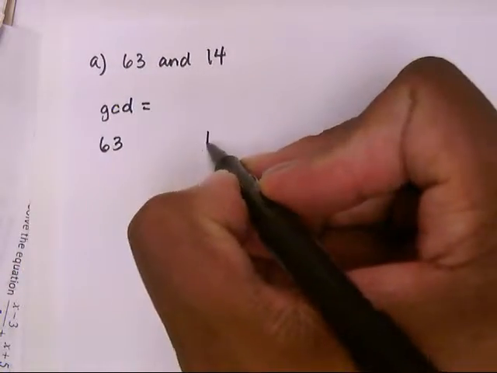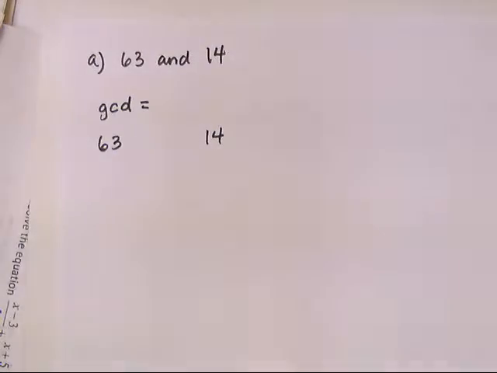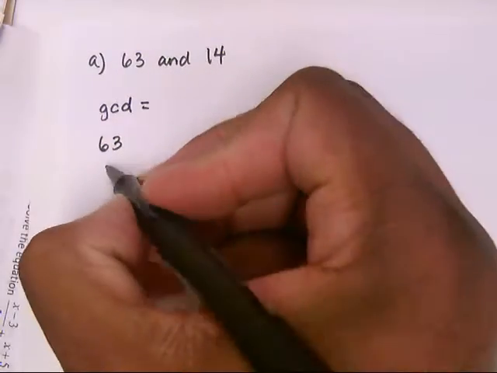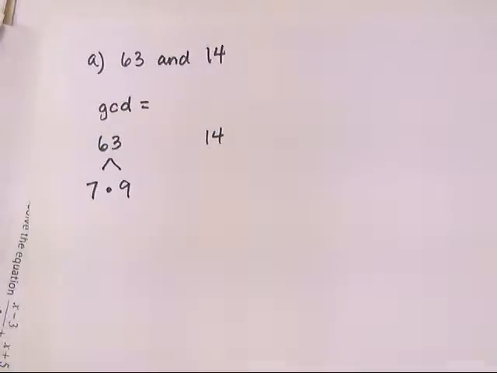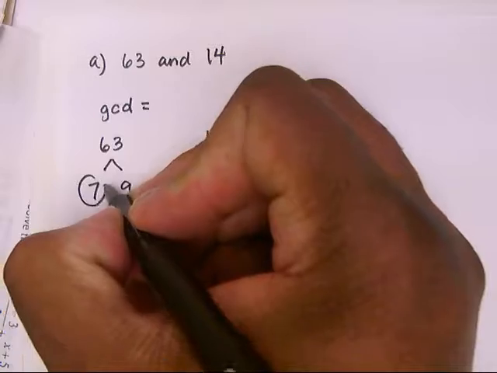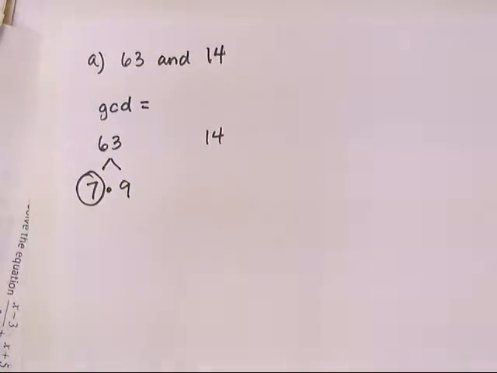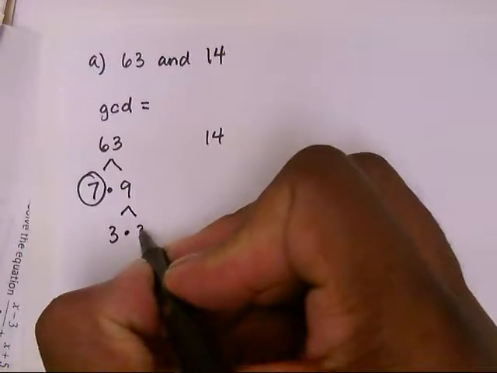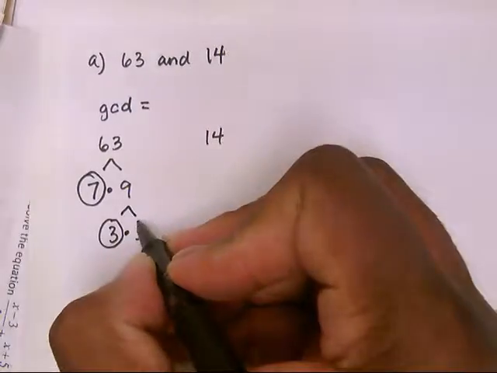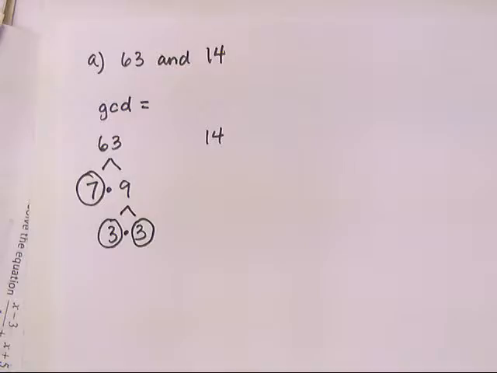The way I did this in class was to use the prime factorization of 63 and 14. Now for 63, I know it's going to be 7 times 9. 7 is a prime number, so we'll circle the 7. And 9 can be broken up into 3 times 3, and 3 is a prime number, so I'll circle that.